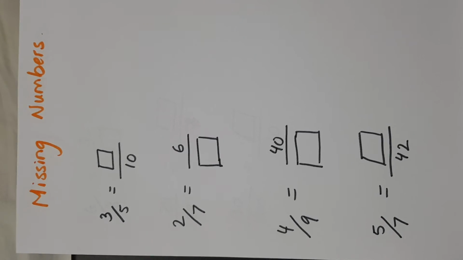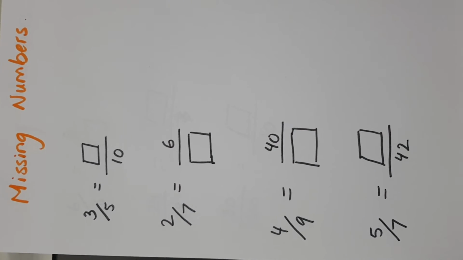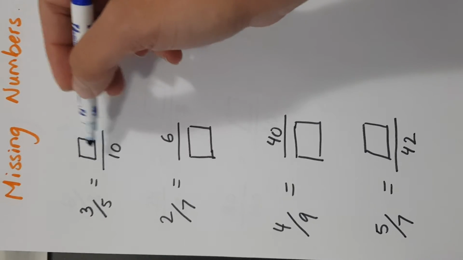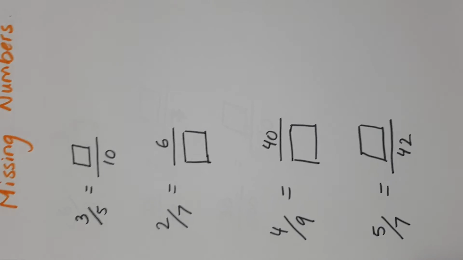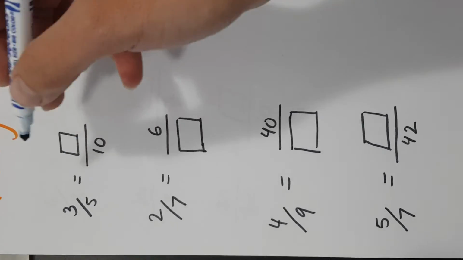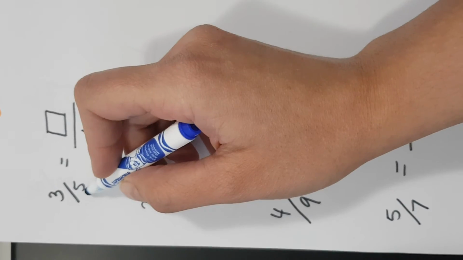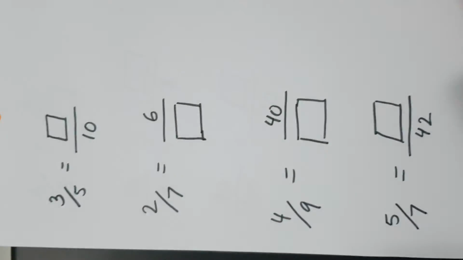How can I do that? You can see here I have the fraction 3 out of 5, or 3/5, equals how much out of 10? They gave us one of them, which is a hint for me to be able to find what happened. First of all, you need to look. It was 5. It became 10.